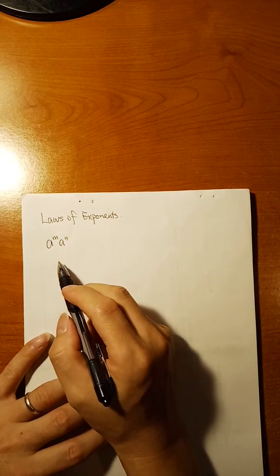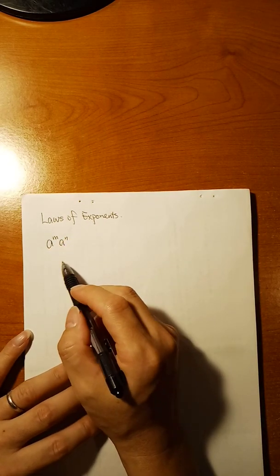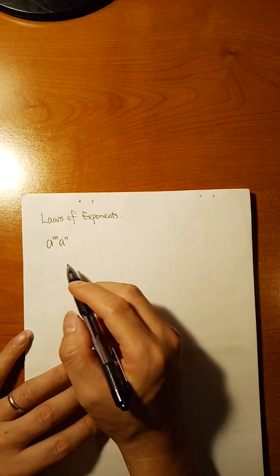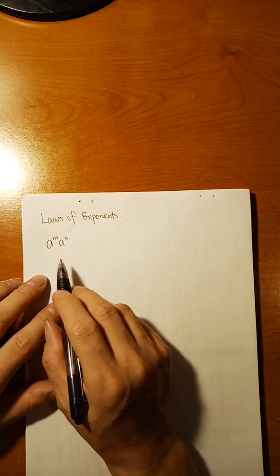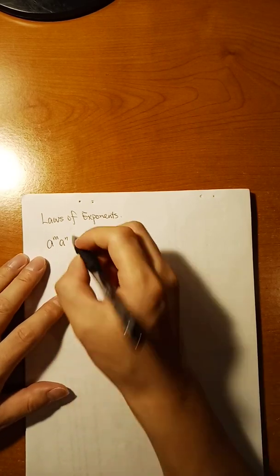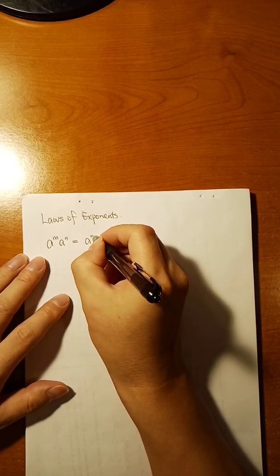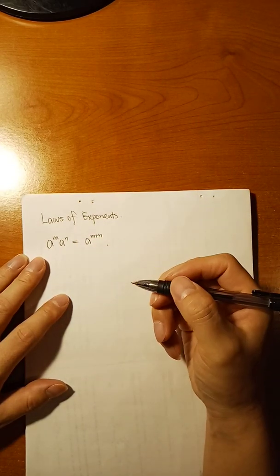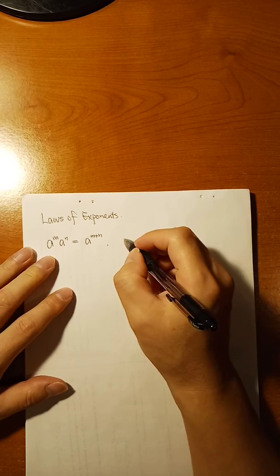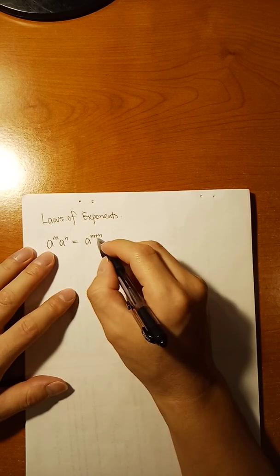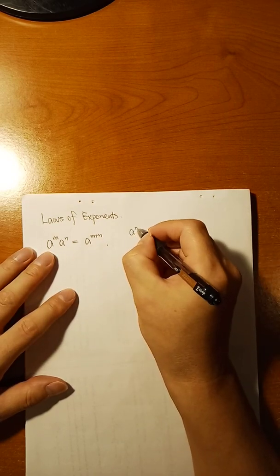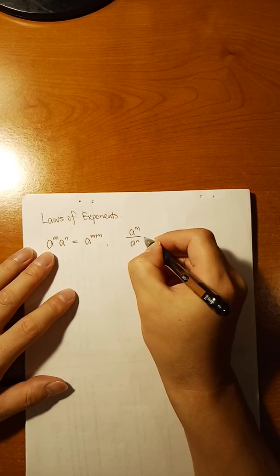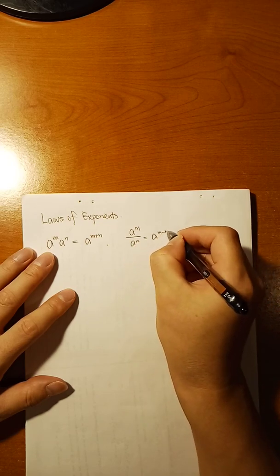For algebra, whenever you have two different letters, you don't write any operations. It means it's a product. Okay? So when you have multiplication, you have addition. When you have division, it corresponds to subtraction.